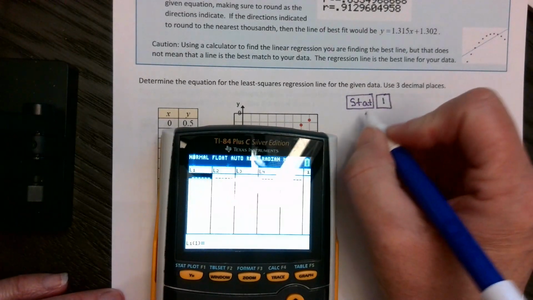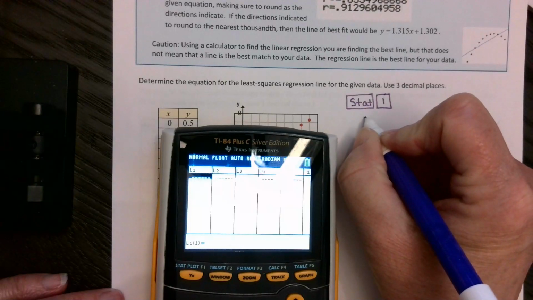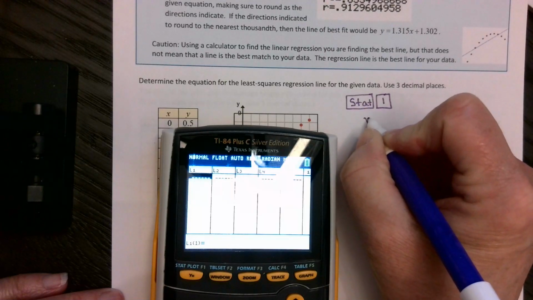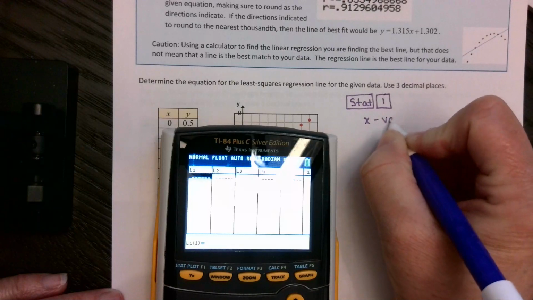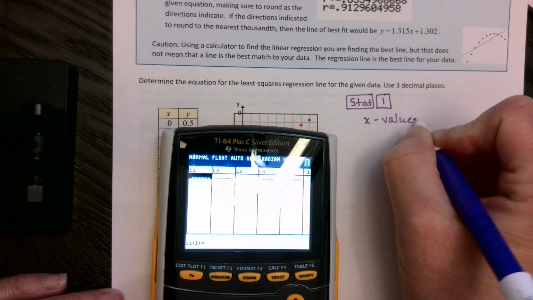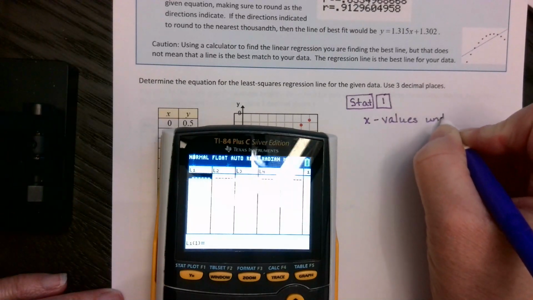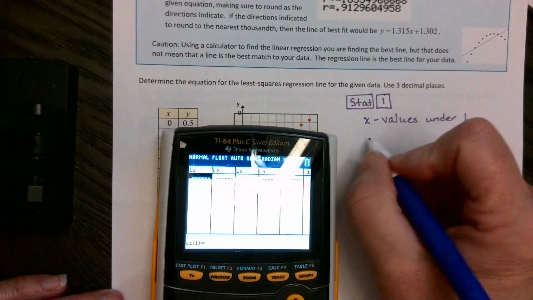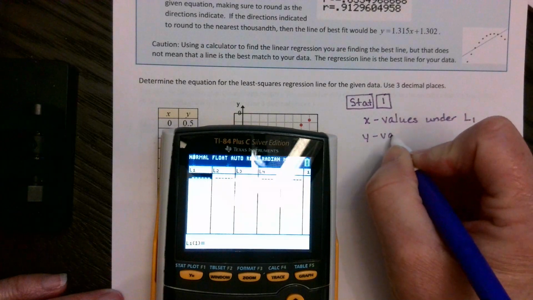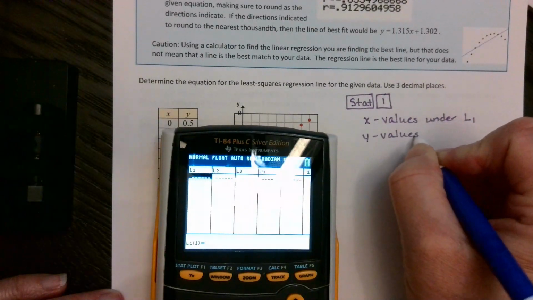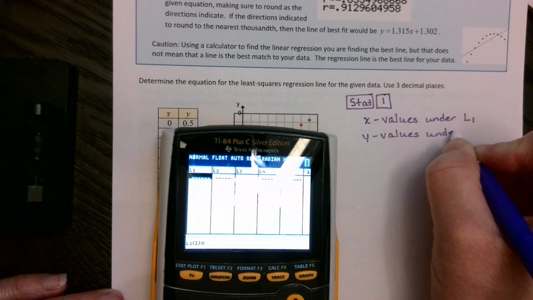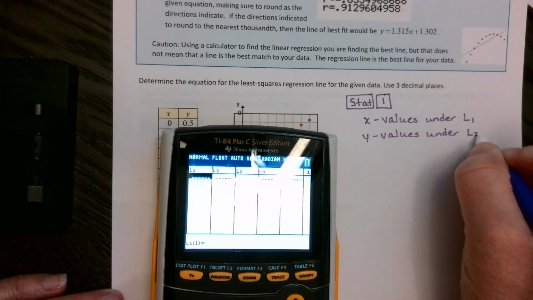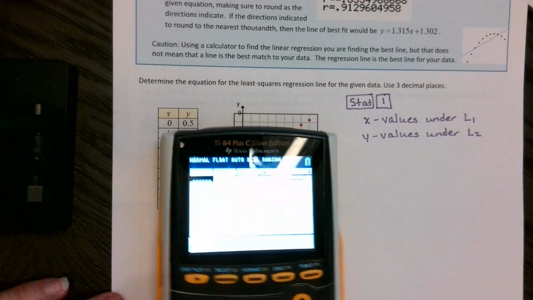Now, we are going to put our X values under L1 and our Y values under L2, our second list.